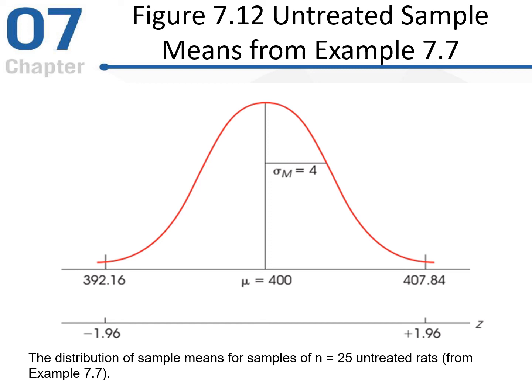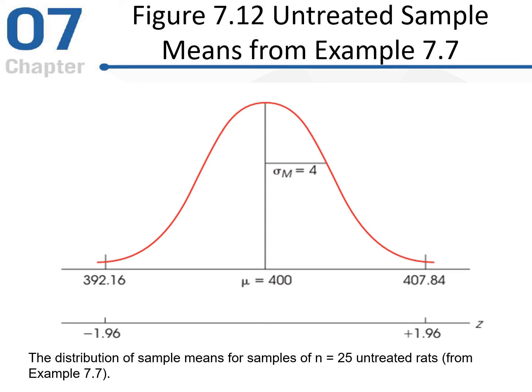The population where the mean is 400, the standard error here is 4. Right. So those two weights that block off 95% of the distribution are 407.84 and 392.16. So there's two tails here. There's a tail to the right and a tail to the left.